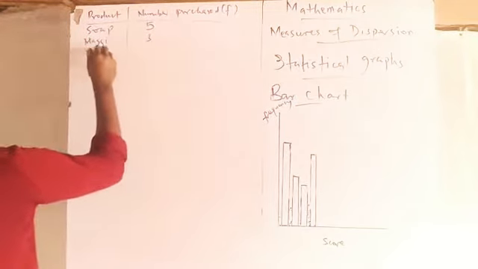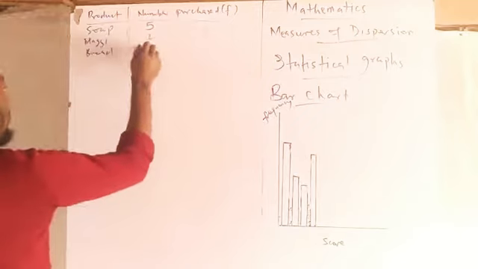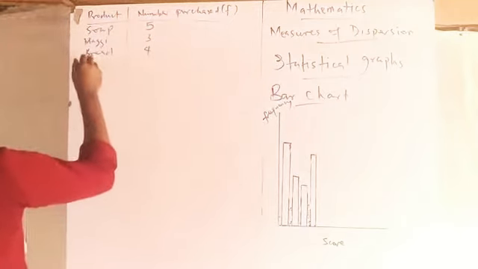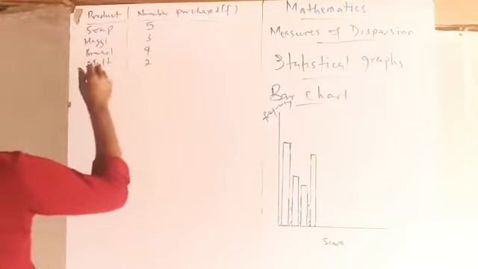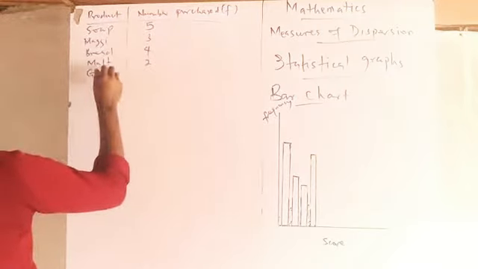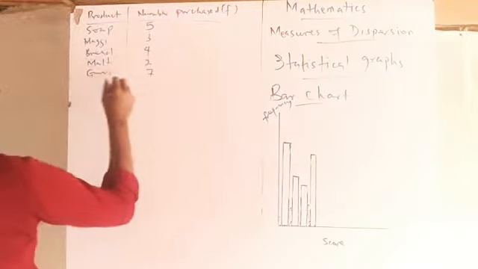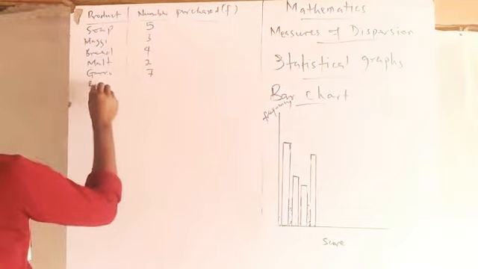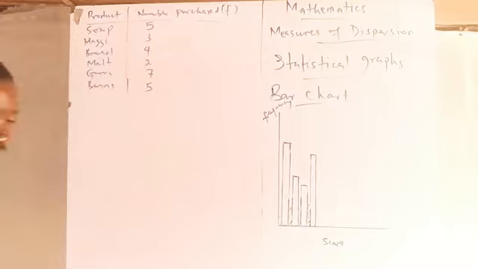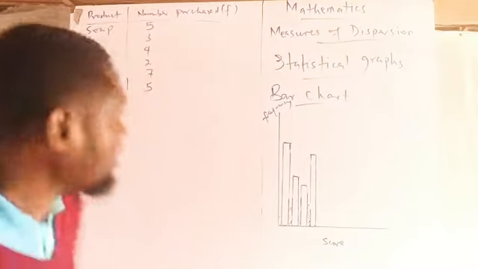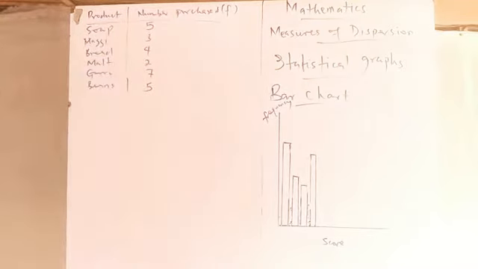Bread, we have 4. Malt, we have 2. Garri, we have 7. Then beans, we have 5. You're asked to present this information using the bar chart.